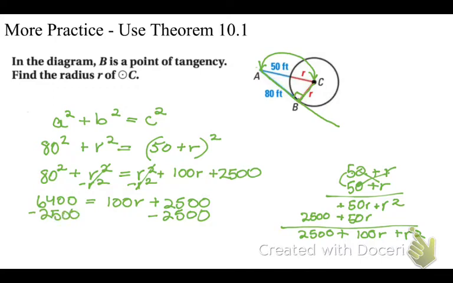Okay. We end up with 3,900 equals 100R. So R is equal to 39. And that's what you were asked to find. So the only really tricky part in there is that you probably haven't done a square of an expression in a while. So you need to remember how to do that.